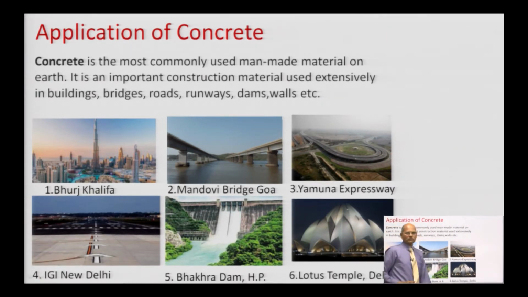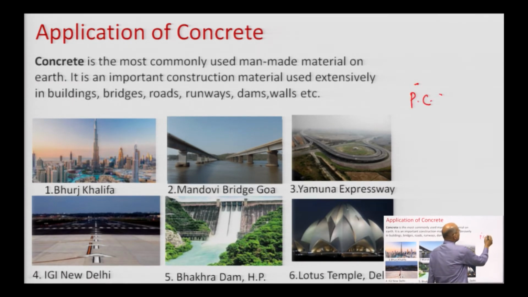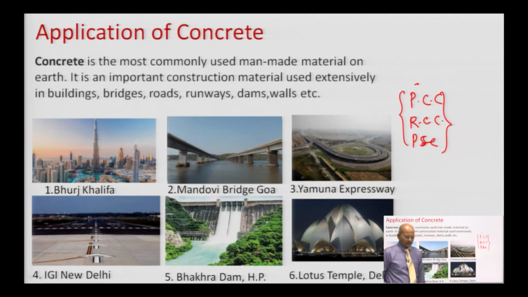So now we had a material able to take tensile strength, bending strength and torsional strength also. Now we have PCC, plain cement concrete, reinforced cement concrete and pre-stressed concrete. So we started using concrete in three different forms. After the development of RCC and pre-stressed concrete, all modern contemporary structures are designed in concrete.